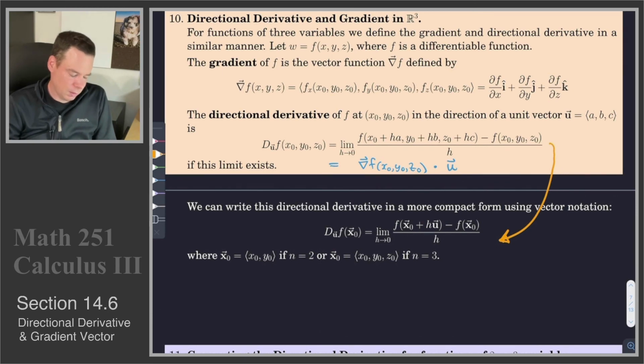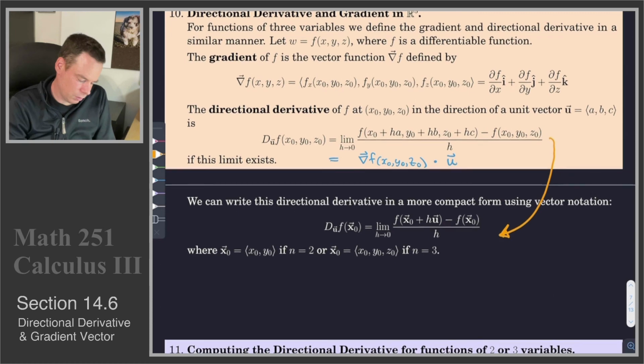I can just say let x naught, with the vector symbol on top, be that initial point x naught, y naught, z naught, and u be our unit vector in the direction we want to take the derivative with respect to, and so I can write it in this nice condensed form.